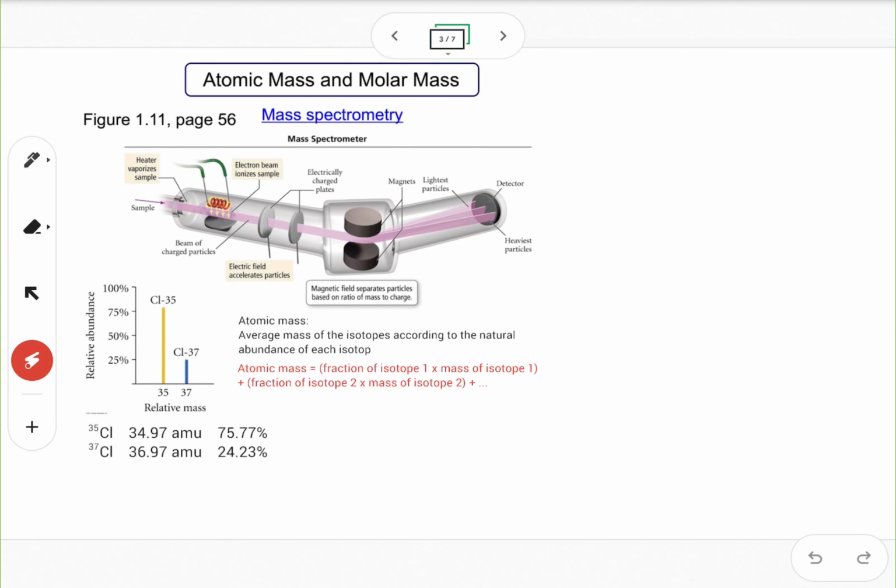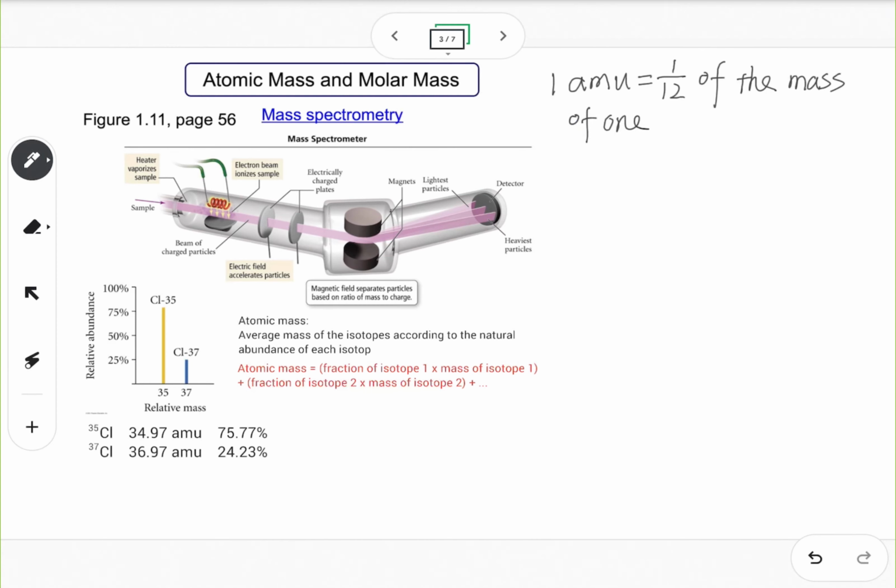We talked about AMU previously. 1 AMU is defined as 1/12 of the mass of one carbon 12 atom.